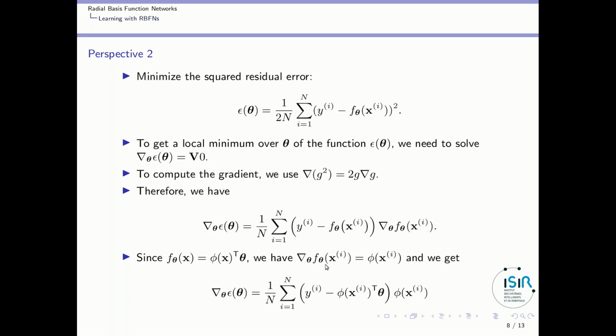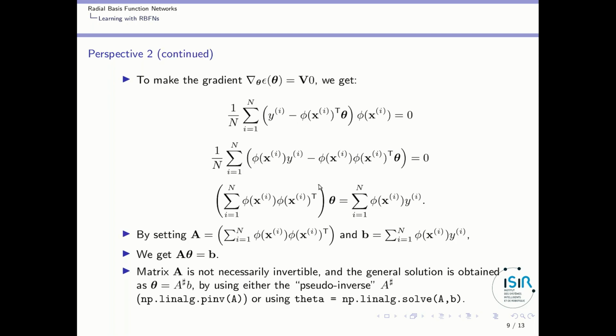If I compute the derivative of this, I just get that. So finally my gradient of my error function can be written this way. That's just mathematical calculation. To get this gradient equal to 0, that's not v0 here, that should be 0. Sorry for the mistake. So I want to get the formula before equal to 0.